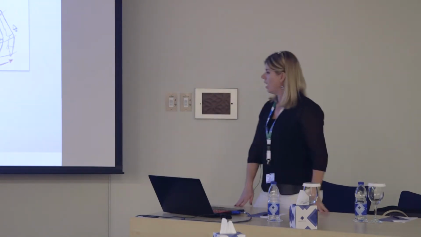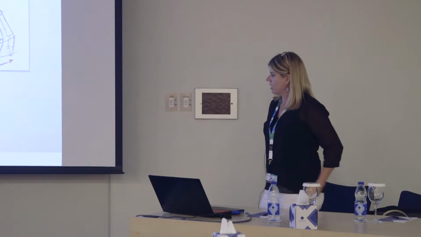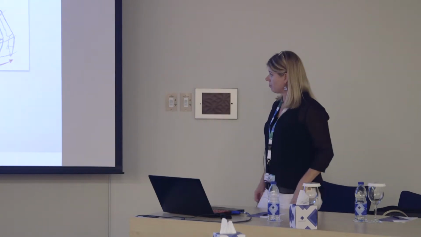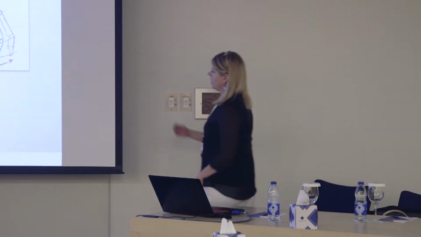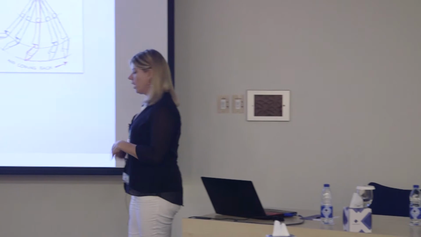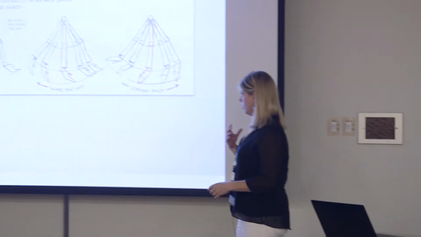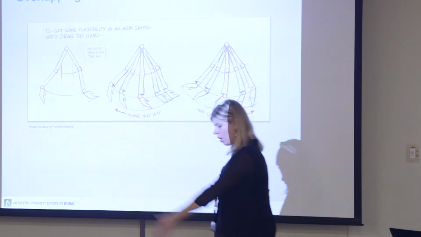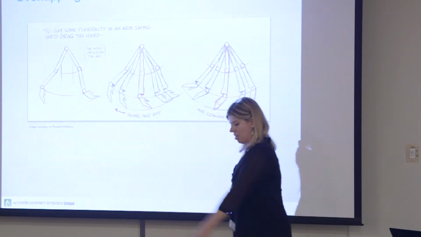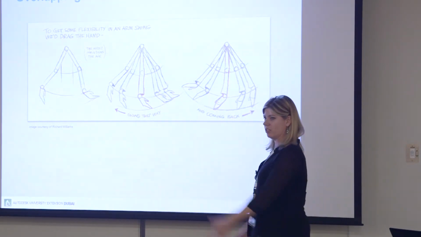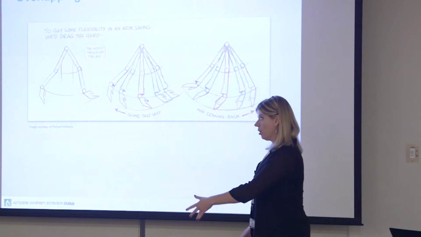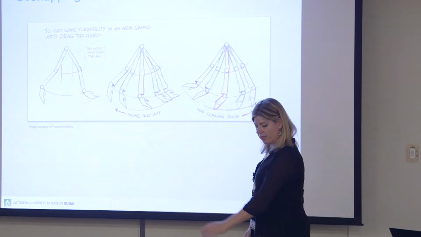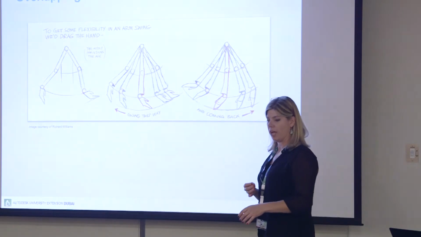Okay. And another thing that you need to take into consideration, we're not going to have time to do a lot of this, but what's called overlapping and follow through. And one of the things that you'll see is like if you're walking and your arm is just going straight like this, it looks very robotic, right? So follow through is kind of like how things happen at different times.